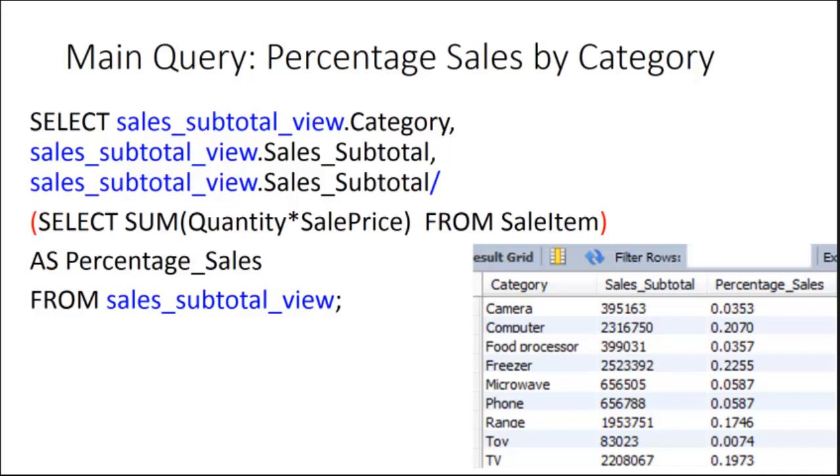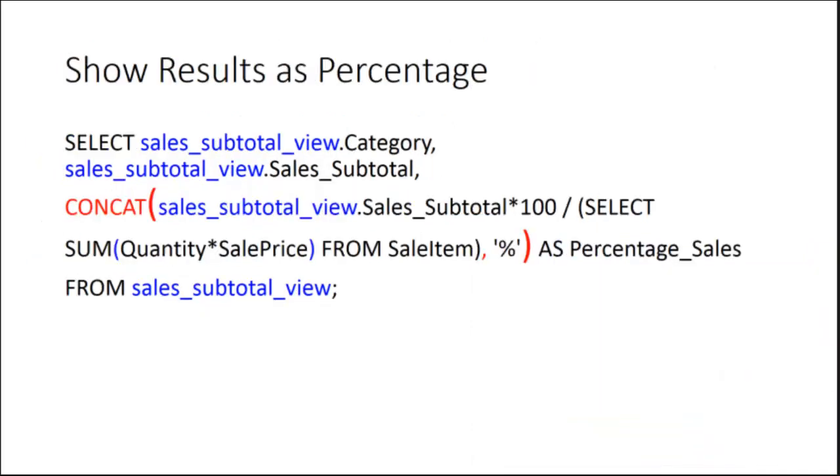Percentages show up as decimal numbers. We can show them as a percentage, so we need a little formatting. If we use the same main query, this entire calculation, we put this in a function, CONCAT. That's for concatenation. We can connect different strings using the CONCAT function.